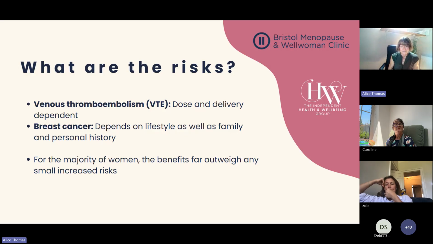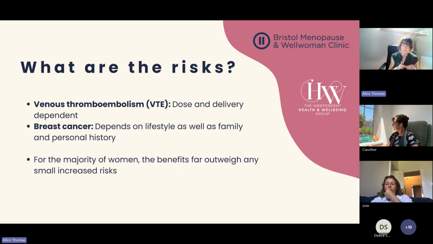And breast cancer risk is influenced by many factors, including age, genetics, family history, and lifestyle. The small increased risk of developing breast cancer associated with HRT is attached to older types of synthetic progestogens. And this can be minimized significantly by using body identical HRT.